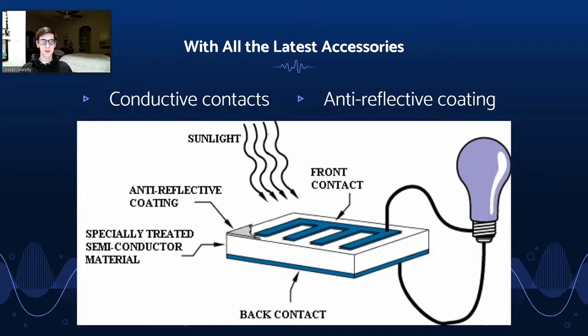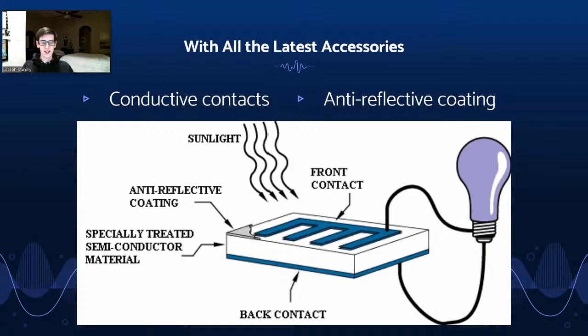So you have a front and a back contact on the solar panel, which are made of not special semiconductor stuff, it's just metal because it's conductive. And so these take the electrons and, after they've been moved around, the contacts effectively pick up the electrons and move them to wherever they need to go via a wire or whatever.